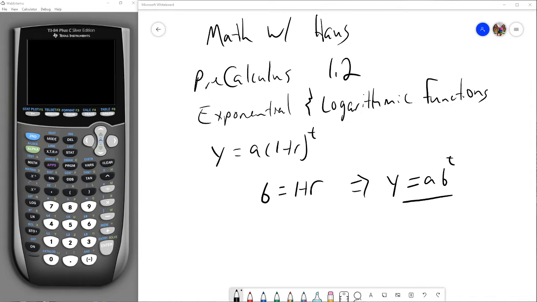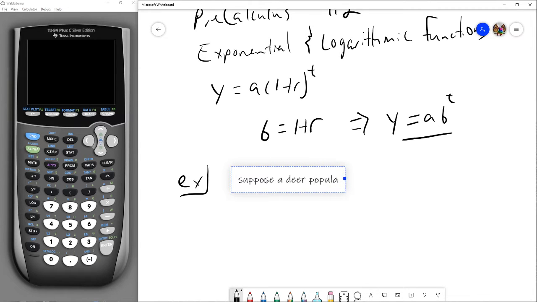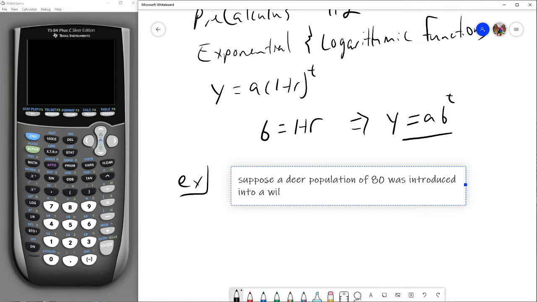So suppose we are talking about a deer population. Example: suppose a deer population of 80 was introduced into a wildlife area.